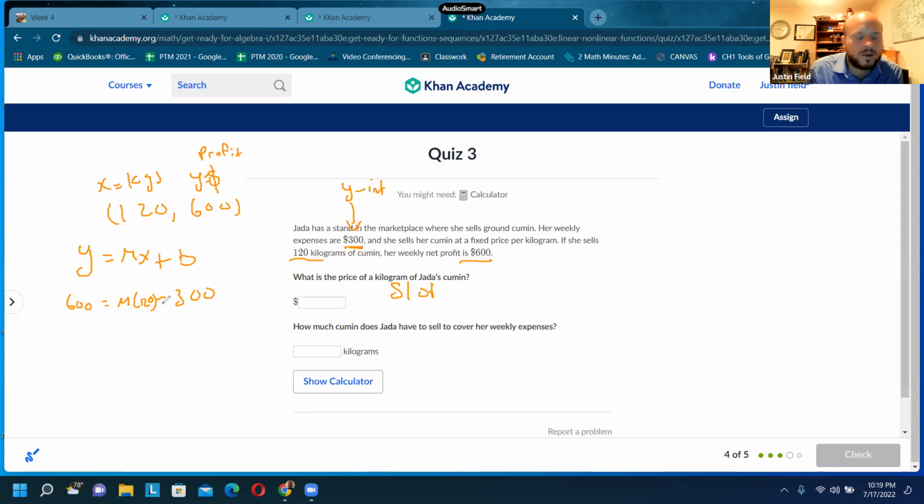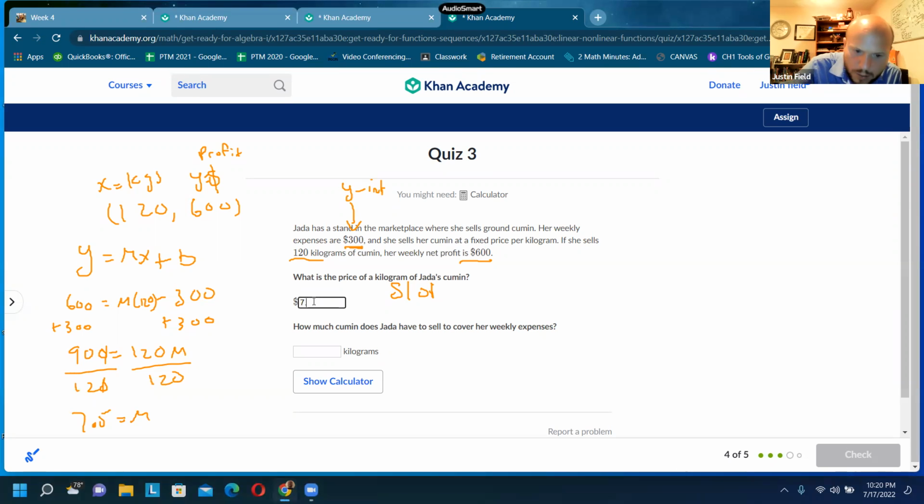All right, so then we substitute that in, and then we solve for m. 900 equals 120m, divided by 120. What is 90 divided by 12? 90 divided by 12 is 7.5. My goodness, that is expensive cumin.